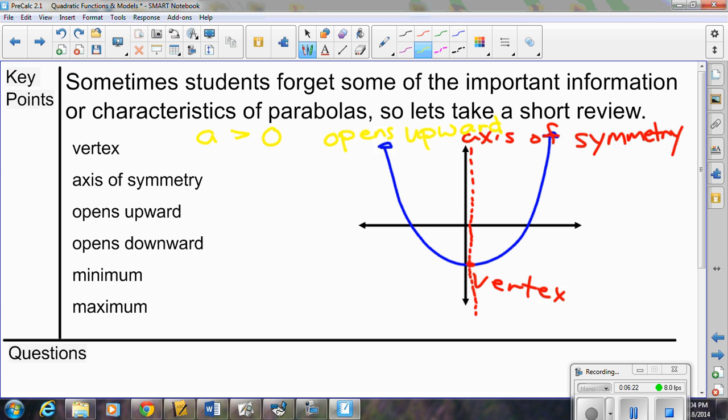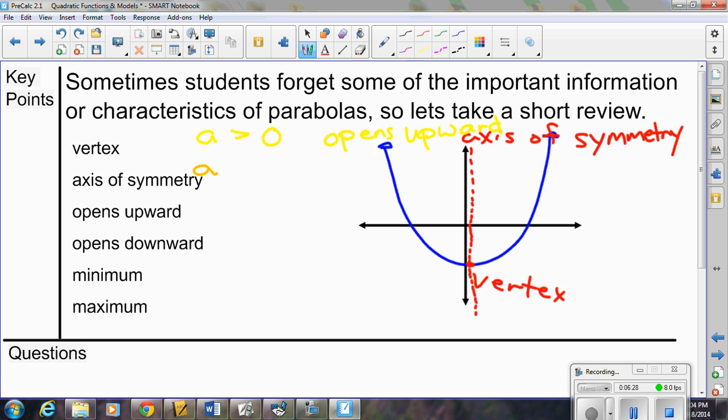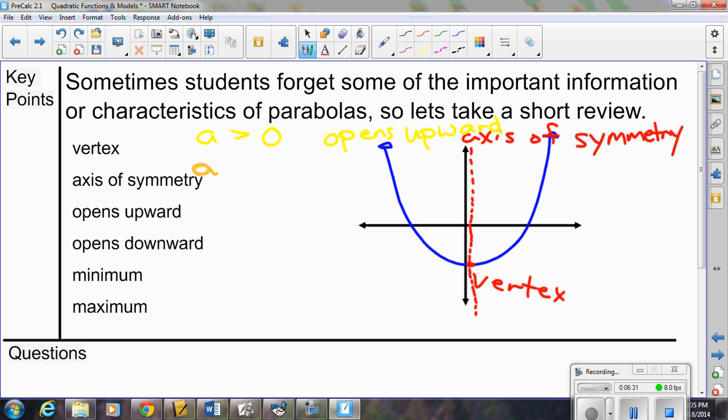If you take the opposite approach, though, and have a negative, let's go with this color. If you have a negative leading coefficient, that will have an opposite effect so that your parabola is going to be like an upside down bowl, which we would describe as opening downward.